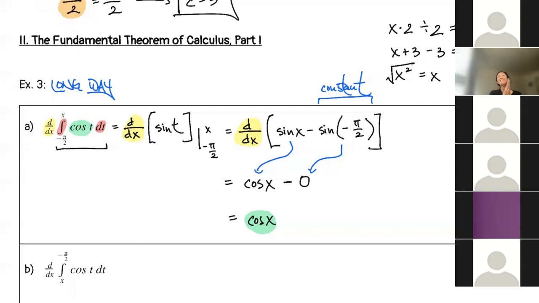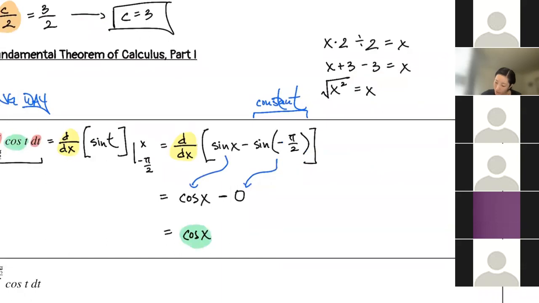Ding, ding, ding, A plus, because of the bounds, right? Those bounds that we have there meant that instead of having t as the variable, we actually changed the variable to an x.